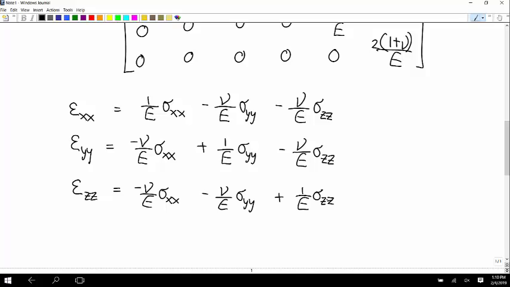And so no matter what the shear stresses are, it could be bent all out of shape, that just doesn't factor into the normal strains at all. That doesn't have any effect on the elongation or the contraction. The shear stresses and the shear strains relate to each other, and the normal stresses and normal strains relate to each other.